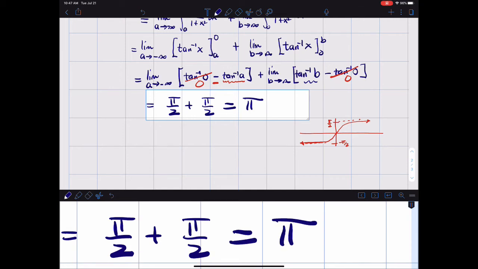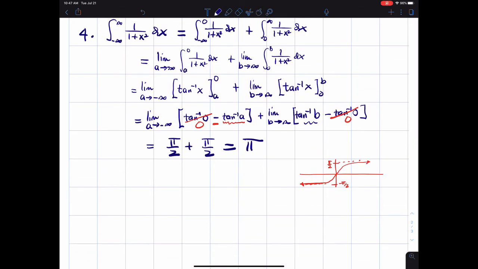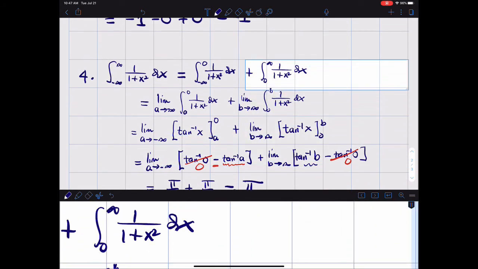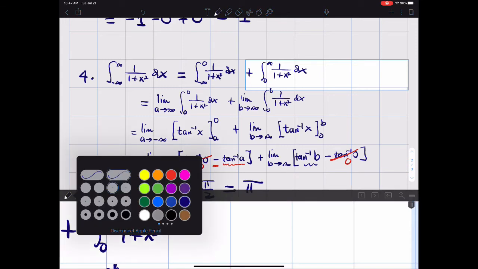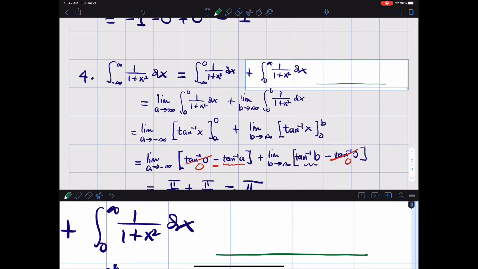Okay? So this was the antiderivative. But now let's go back to the original function. This is the original function. If you sketch this function, this is what you're going to get. I'm going to sketch it in green. You're going to get something like this.